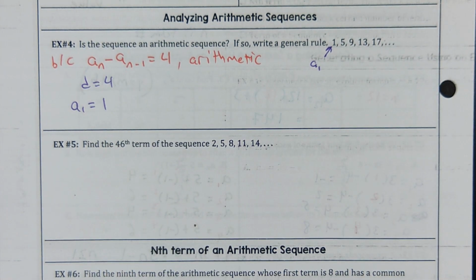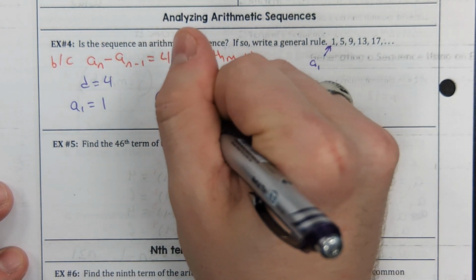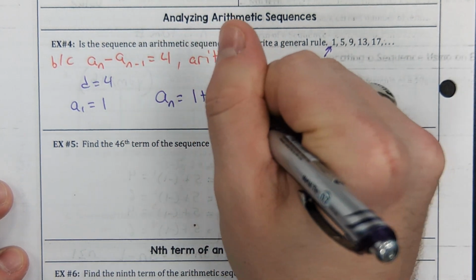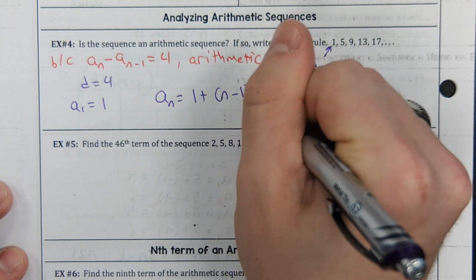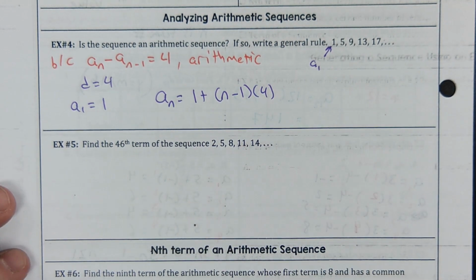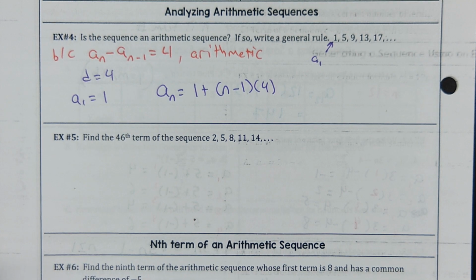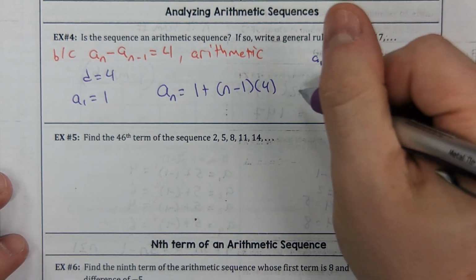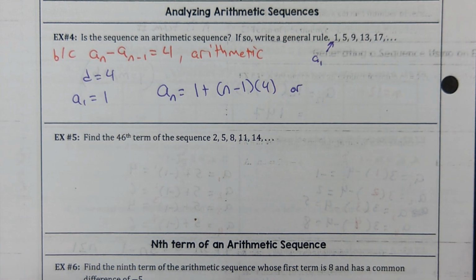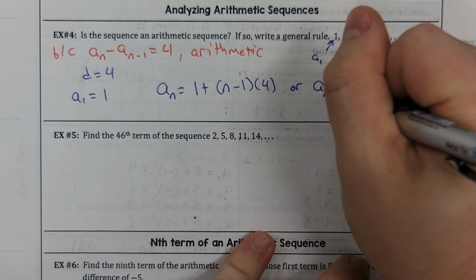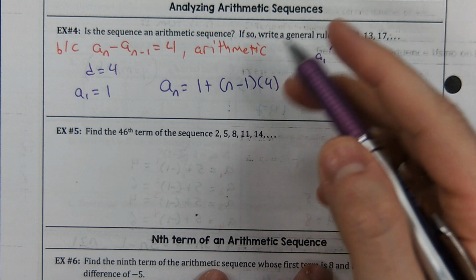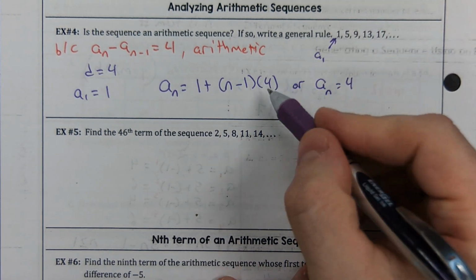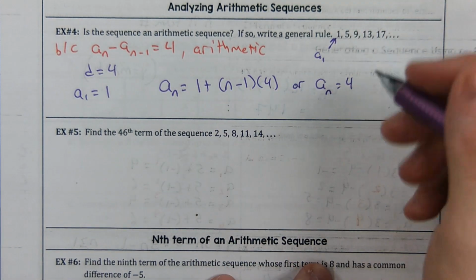So your general term, a sub n is 1 plus n minus 1 times 4. Could you distribute the 4 and combine like terms? Yes. So that would give me 4 times n, and 4 times negative 1 is negative 4. 1 and negative 4 makes negative 3.